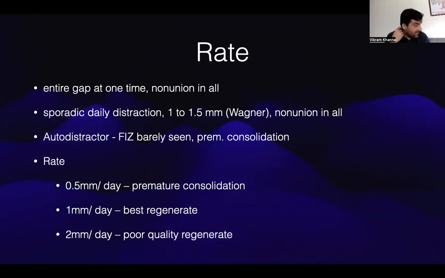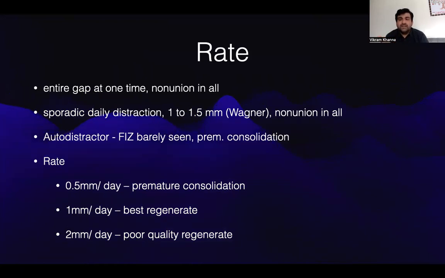regenerate. Obviously, once the distraction starts, we can always judge what is a good rate for the patient and that area, because the thickness of the regenerate can guide us. If the regenerate is coming out to be very thick, then we may accelerate the rate of distraction.